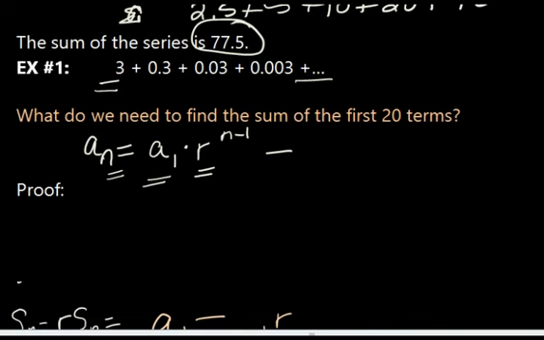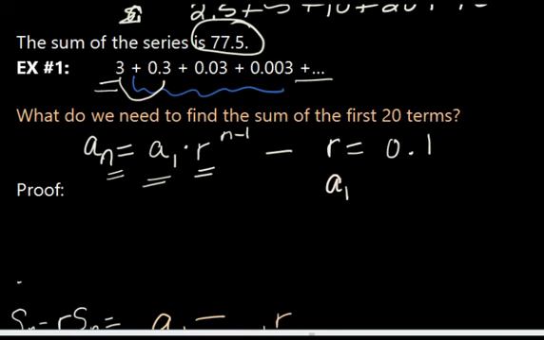Okay, now sliding back to page 5. We had started out in example 1 looking at this geometric series that we didn't yet solve for. And now we have the tools and the definitions that we need to solve for it. Taking a look at the relationship between each of the terms, 0.3 divided by 3, and then 0.03 divided by 0.3, we see that our common ratio is 0.1.